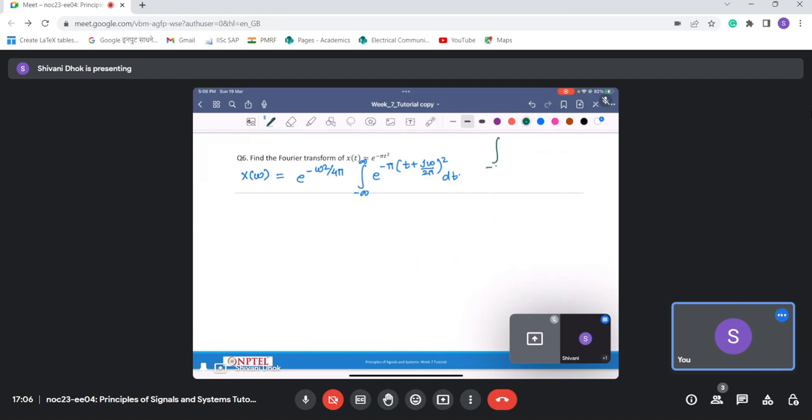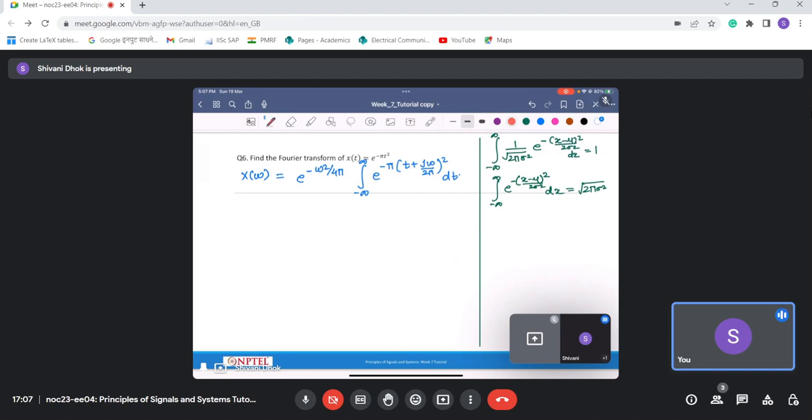So basically, the integral from minus infinity to infinity of 1 upon root of 2 pi sigma square into e power minus (x minus mu) square upon 2 sigma square is equal to 1, or this I can also write as the integral from minus infinity to infinity of e power minus (x minus mu) square upon 2 sigma square dx is equal to under root of 2 pi sigma square.